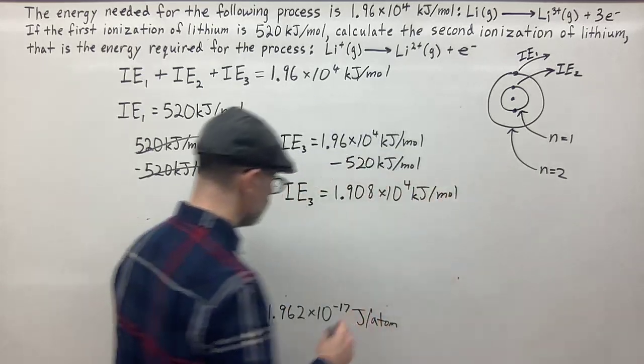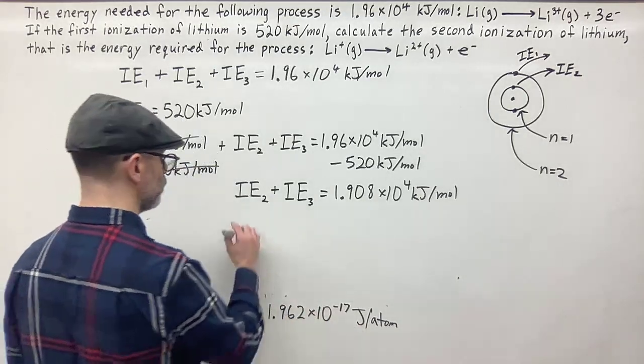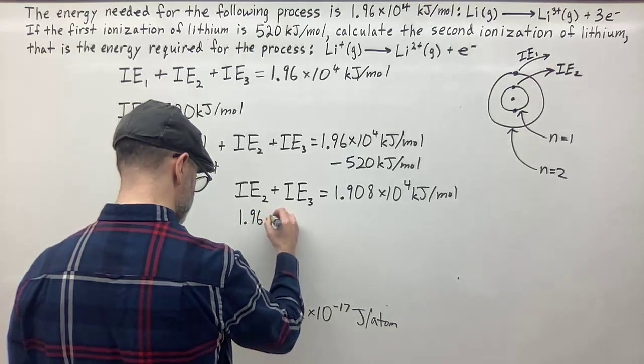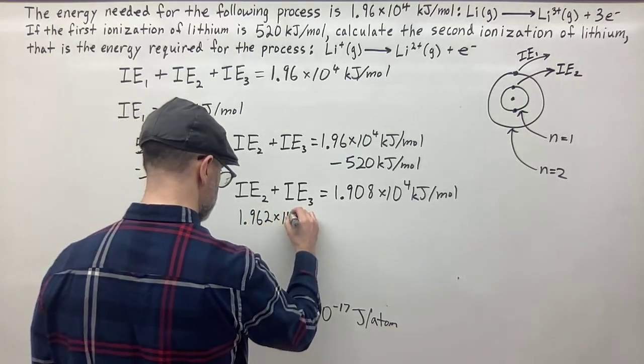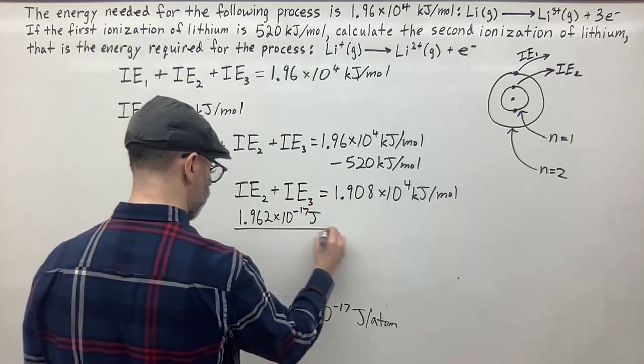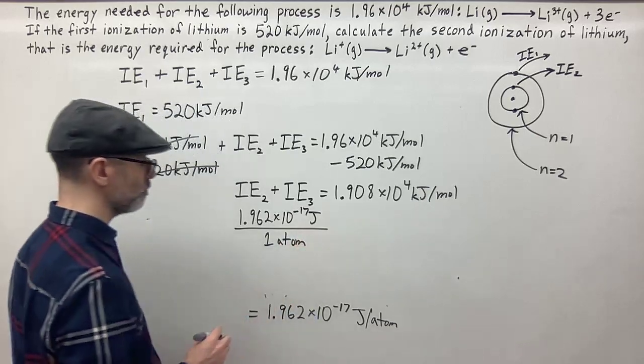So now I'm going to convert this to kilojoules per mole. So I have 1.962 times 10 to the negative 17 joules over 1 atom of lithium.